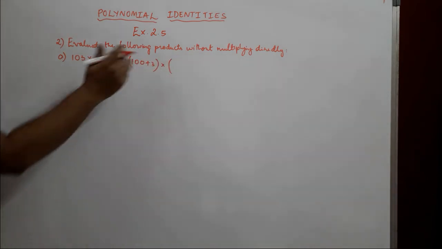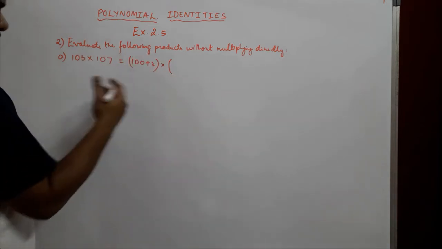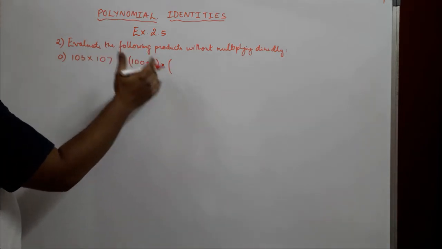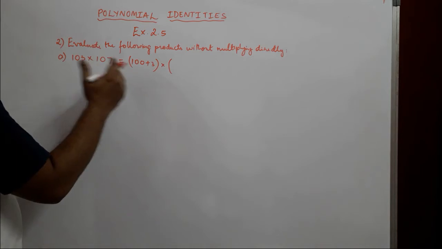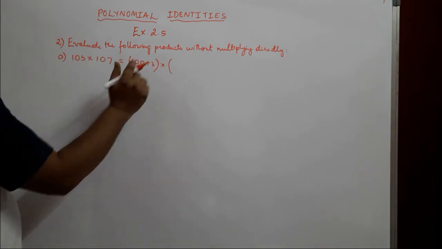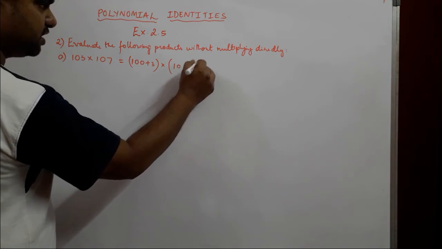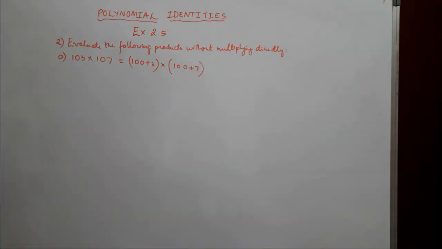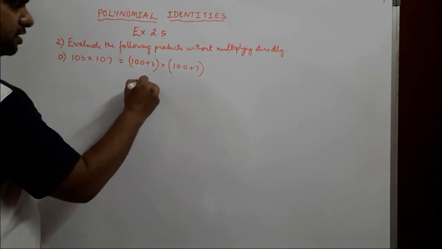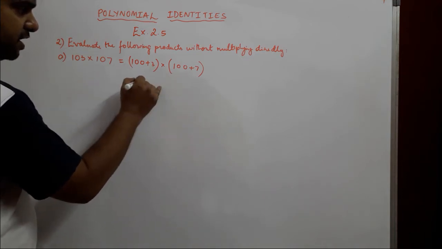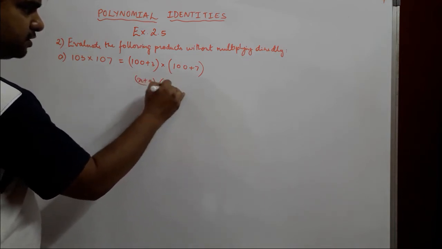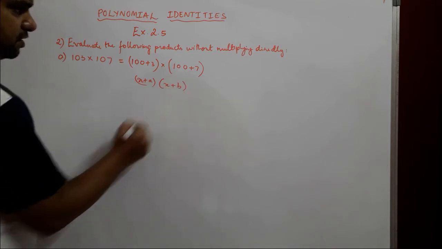No need for that. If you put the brackets, it means multiplication, but just for you to understand things better, I'm putting a multiplication sign here. 107 can be separated as 100 plus 7. It means the same thing, but now we have got it in this form: x plus a into x plus b.